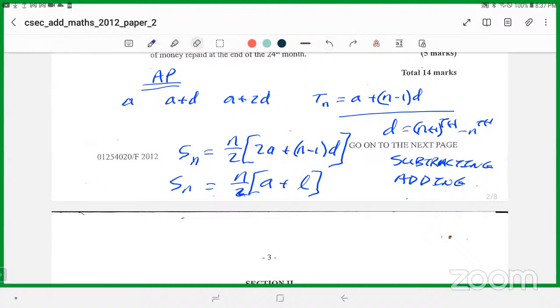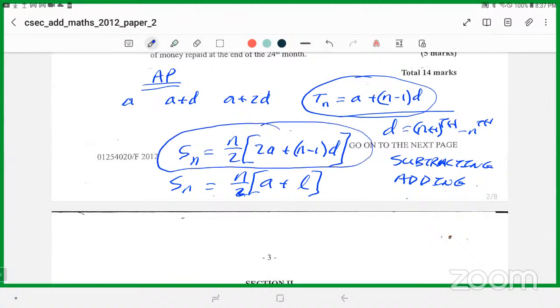You have to remember this formula. It's going to be on the formula sheet. This one, for the sum of the values, is on the formula sheet. This one won't be there, but it's a good one to know. And this also won't be there: the difference is a term minus the preceding term.